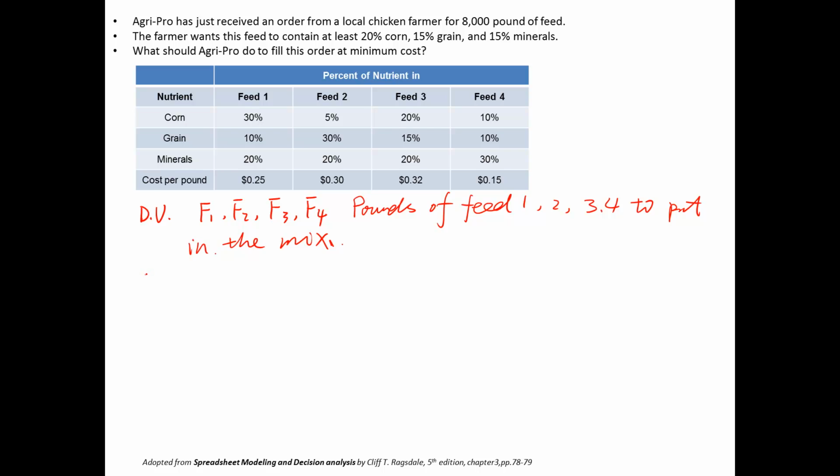Then our objective function is to minimize the total cost, which is pretty easy for you guys now. It's the unit cost multiplied by the pounds, and you sum them together.